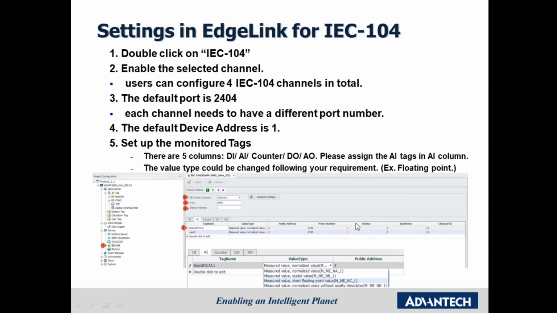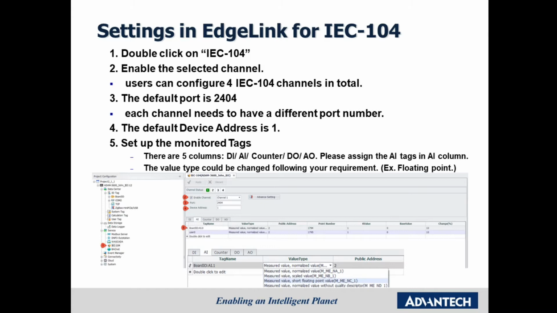How to set up? The first step is to double click IEC 104 and enable the selection. The user can configure 4 IEC 104 channels in total. The default port is 2404 and each channel needs to have a different port number.